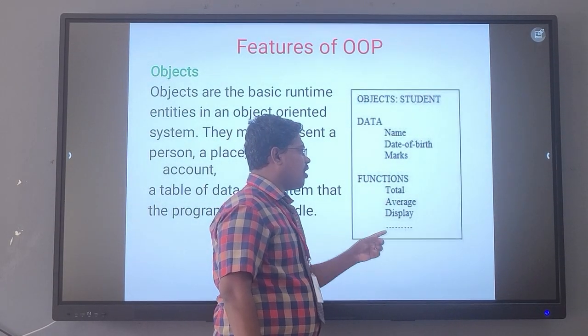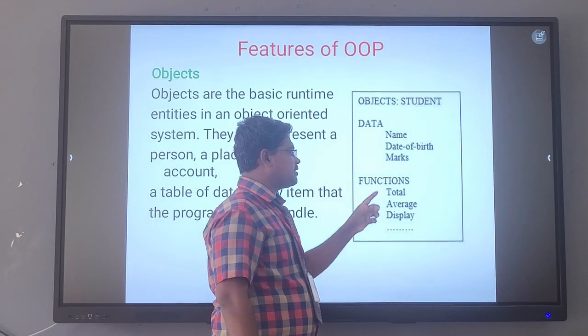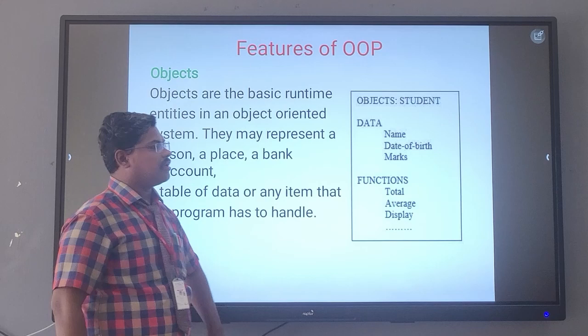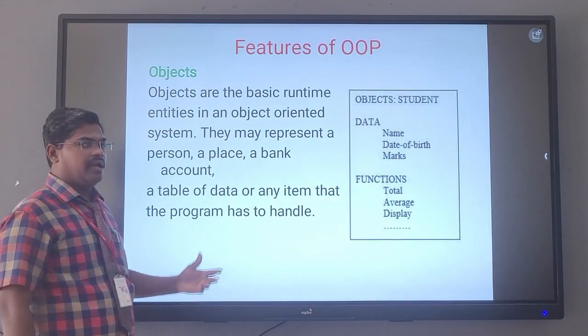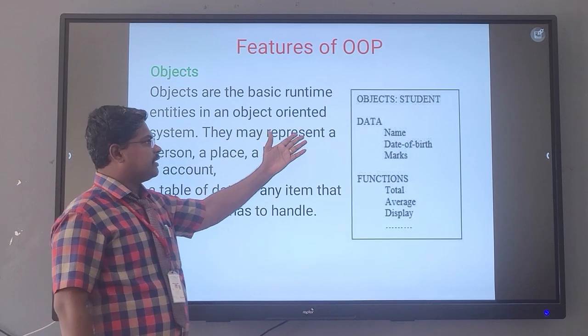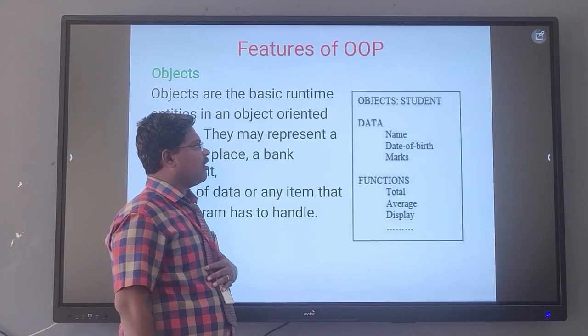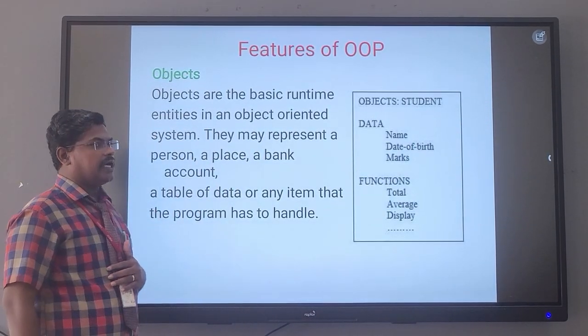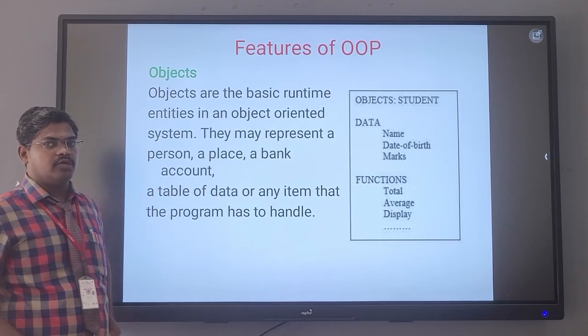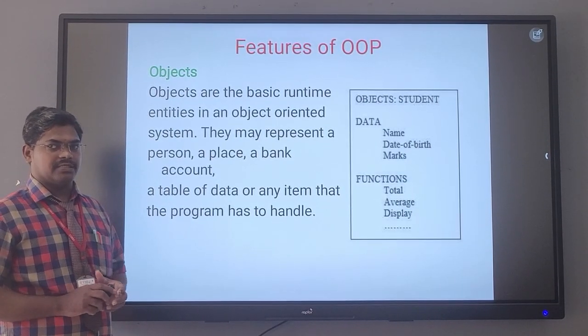That involves the operations, so the operations are included in the functions. You can declare user defined functions or predefined functions, whatever it may be. So this is the example of the object. The object is the runtime entity. You can create n numbers of objects for any one particular class.